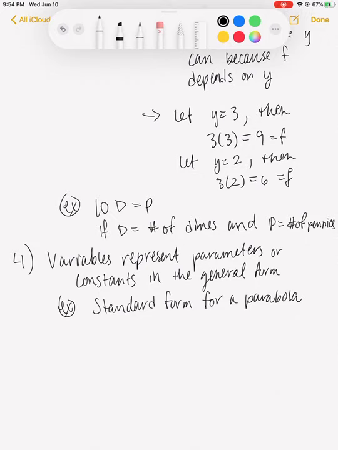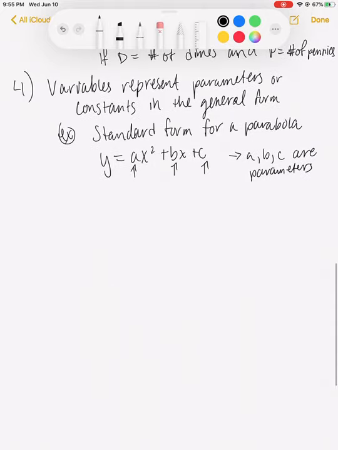This is a bit more complicated than what we'll get to, because this is like high school stuff. The A, the B, and the C are variables that represent parameters. And they can vary. They're not fixed. They could be any number.